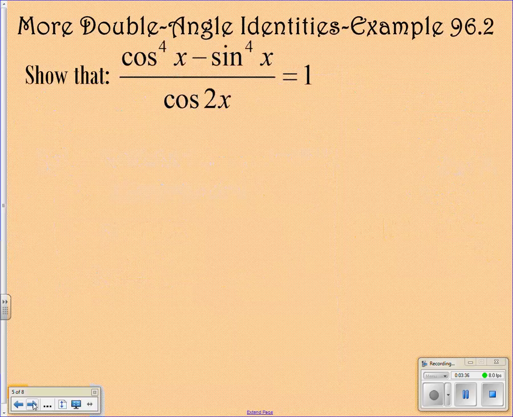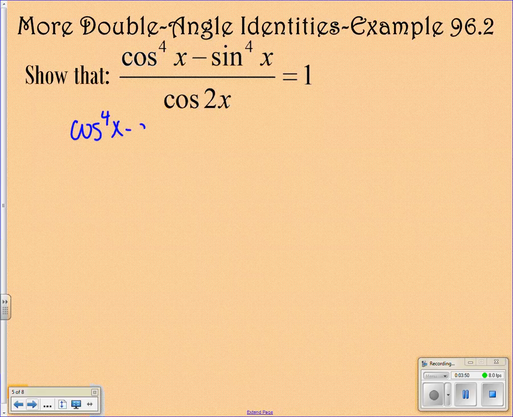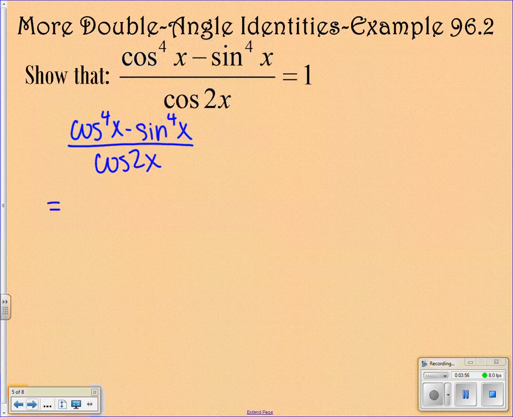Okay, let's look at another one. Obviously, we're going to want to simplify the left side because you can't really do much with the 1. So we write it down first. And what you're going to want to do is to factor the numerator.